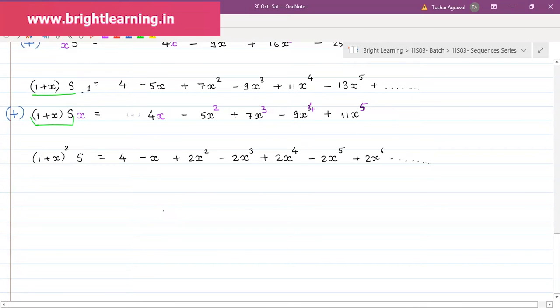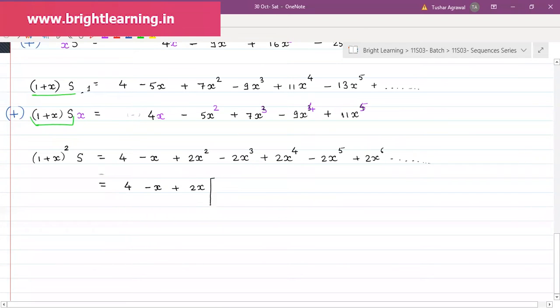Yes, sir. Afreen? Yes, sir. Okay. So when I'm asking you questions, please reply that yes, it's clear enough. Okay. So now here 4, and now this is a simple geometric progression. 4 minus x, and then here take 2x as common.